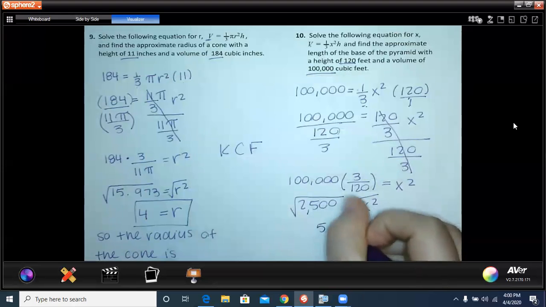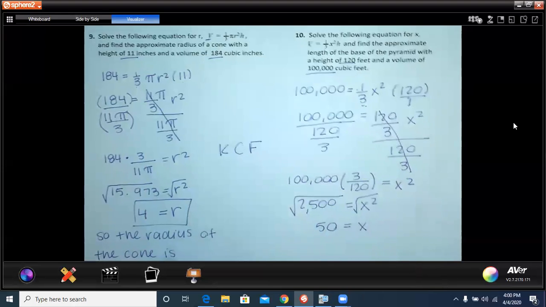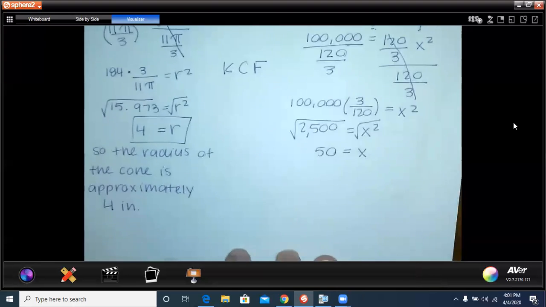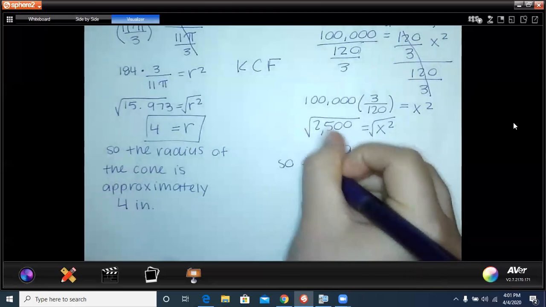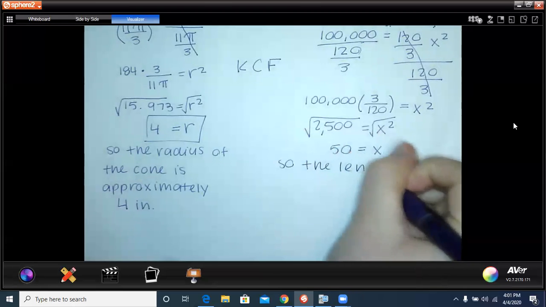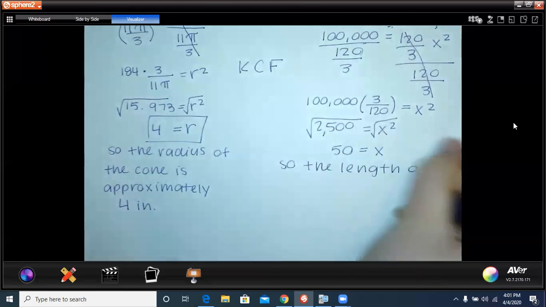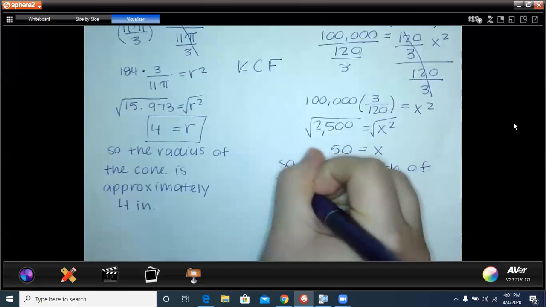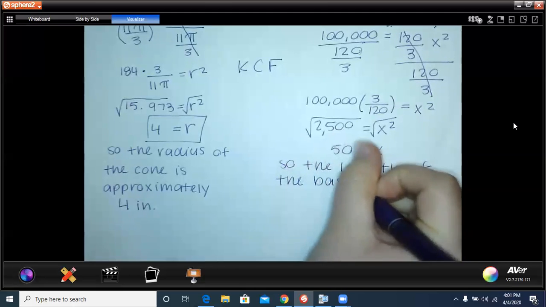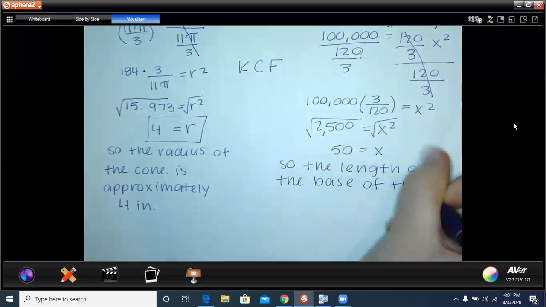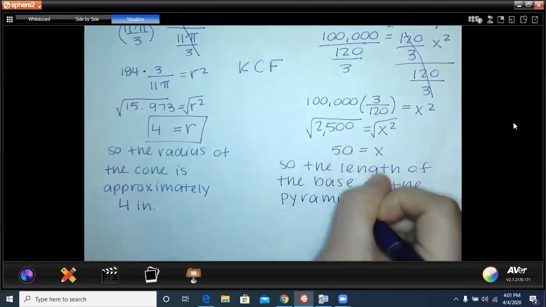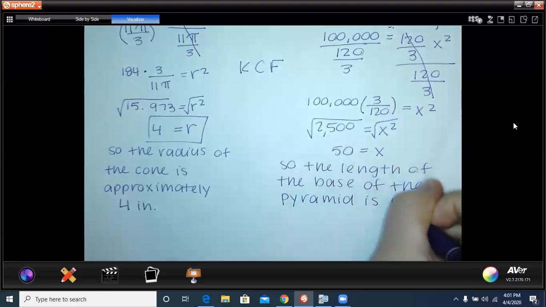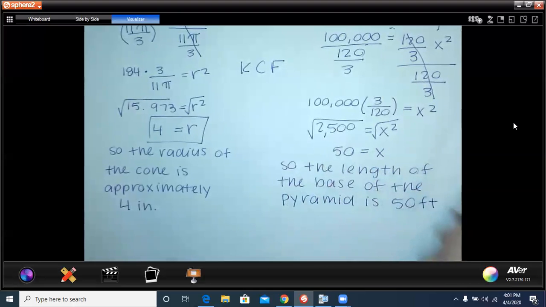So x is 50, and in the problem, they told us that x was representing the length of the base of the pyramid. So the length of the base of the pyramid is 50 feet.